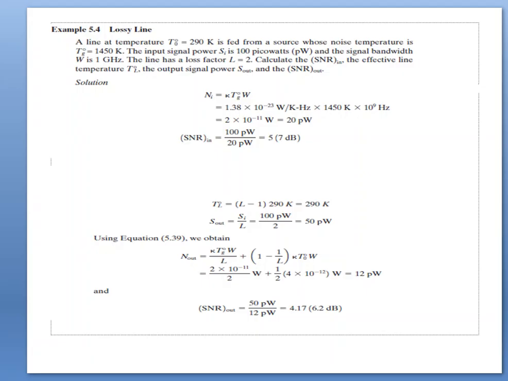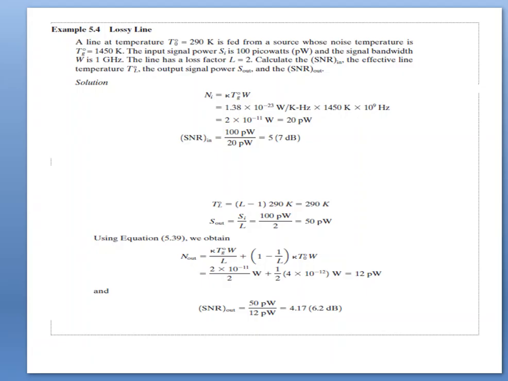The input signal Si is equal to 100 picowatts and the signal bandwidth W is equal to 1 gigahertz. The line has a loss factor L equal to 2. Calculate the SNR of input, the effective line temperature TL, the output signal S out and the SNR out.